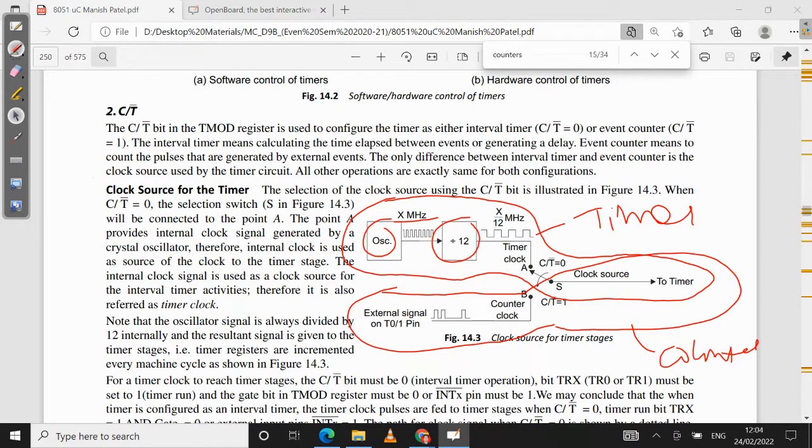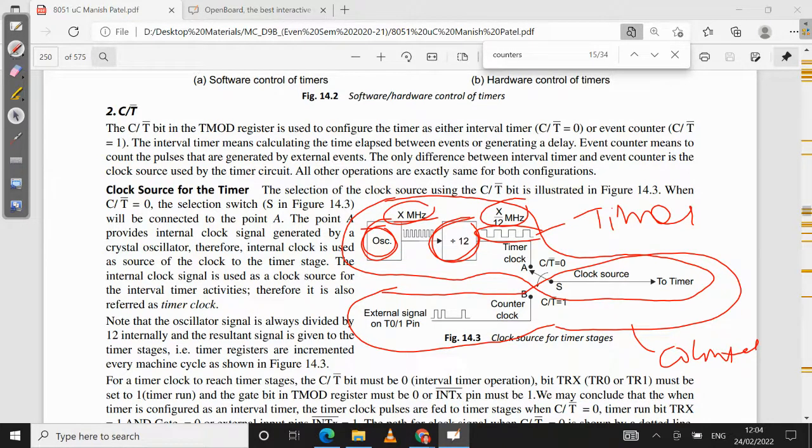Because whatever operations you do will always be related or associated with your clock frequency. तो यहाँ पे देखो, you have an oscillator, you have divided by 12. So suppose oscillator frequency is x megahertz, so x megahertz divided by 12, you have got this clock. Can you see the clock?